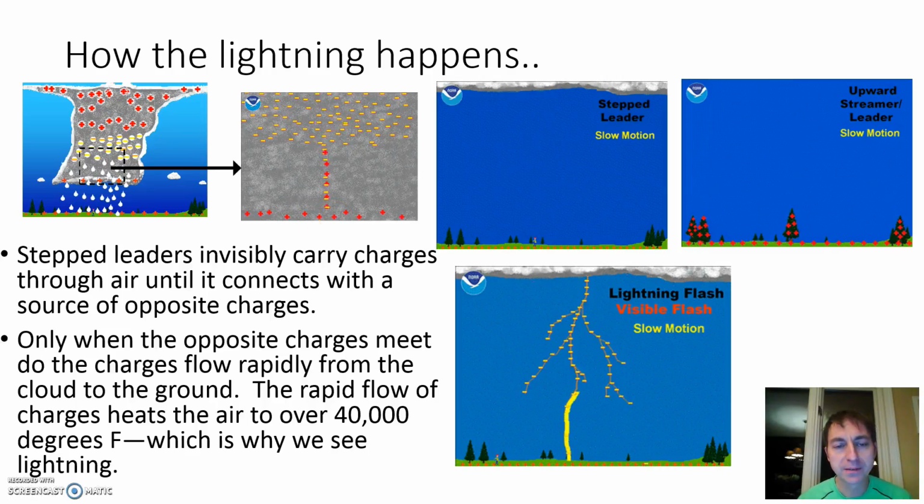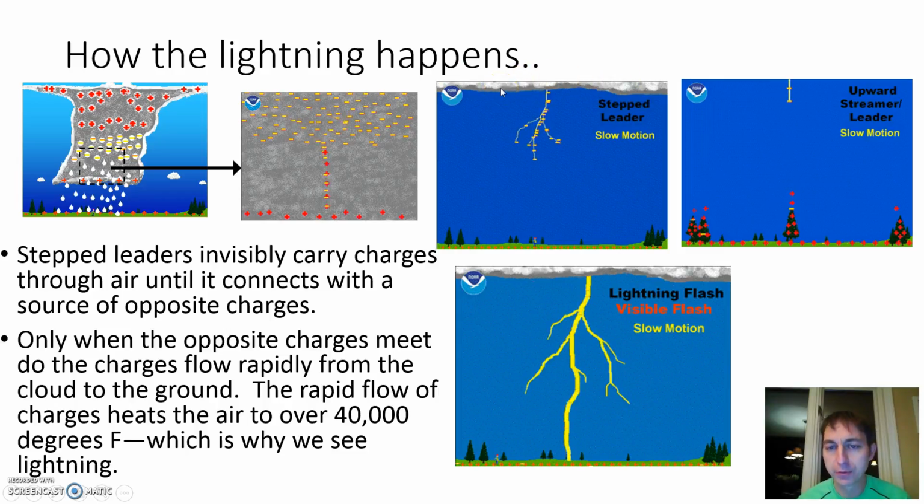And what we would get is like a stream of the negative charges flowing through, because there are just so many of those negative charges. They are repelling away from each other, and they are looking to balance out the charge in whatever way they can. So there starts to be a flow to the base of the cloud, and then we get over to this image here, where we have what they call the stepped leader.